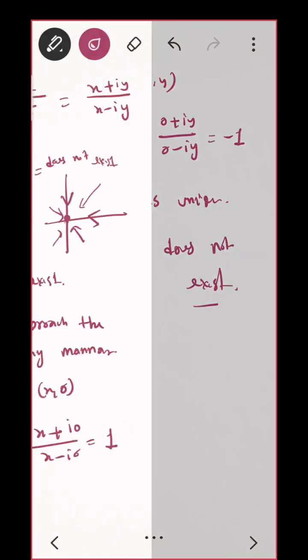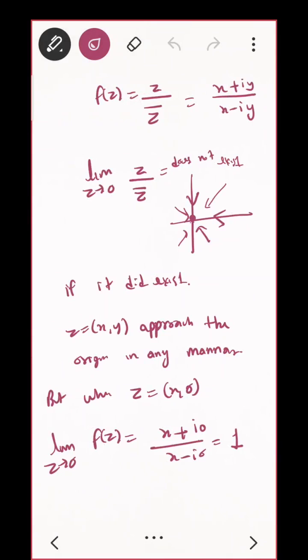Do you agree? You can go from any way. See, actually let me give you a small hint: what did you do earlier? You were putting y equal to mx, if you remember. Your answer depends on your m. So if you put the value of m as 1, 2, 3 or something else, you will get different values.